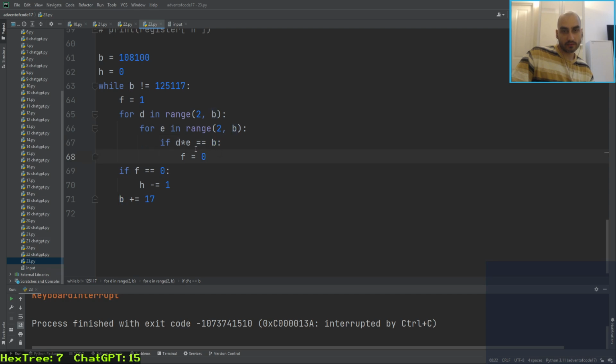We're trying to work out if there are any two non-trivial numbers that multiply together to give B. In other words, if B is non-prime. And if it's non-prime, then we subtract 1 from H. I get it now.